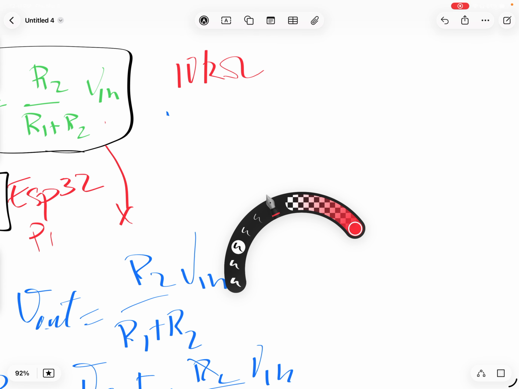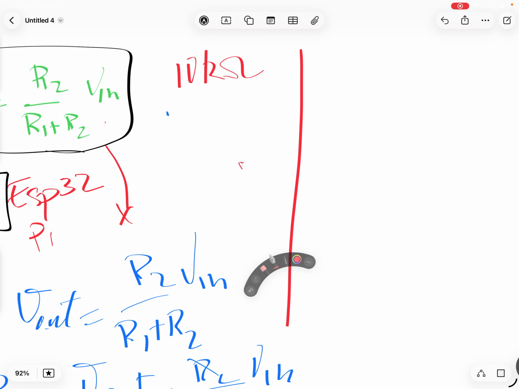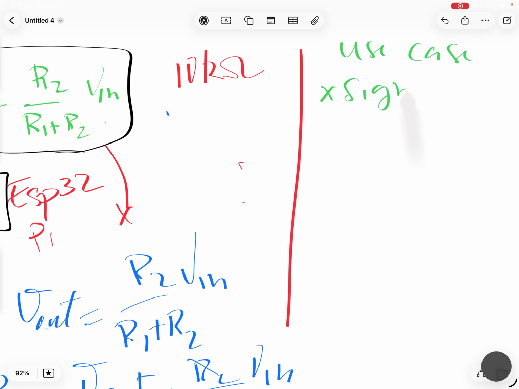So let's change the color here, okay. Let's say use cases. So you can use the voltage dividers for signal, signal only. Sorry, that's not quite how you spell that.